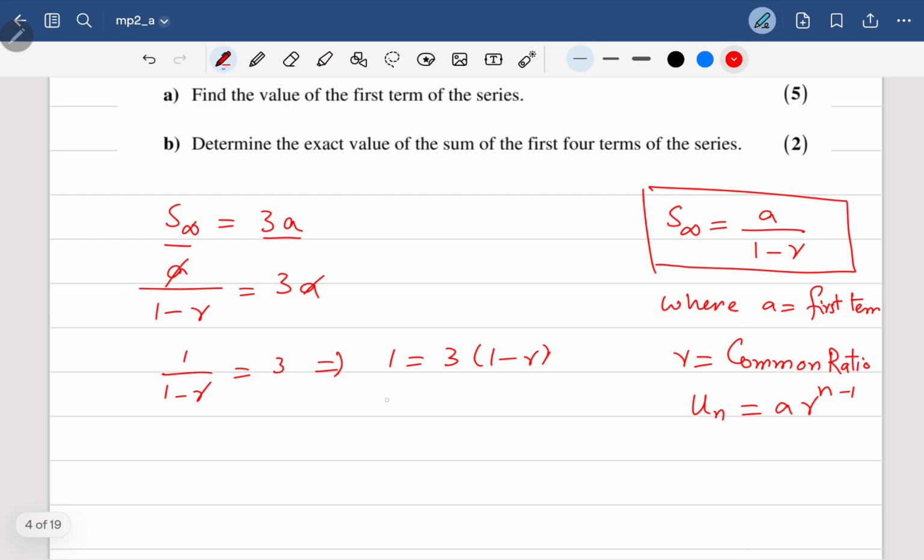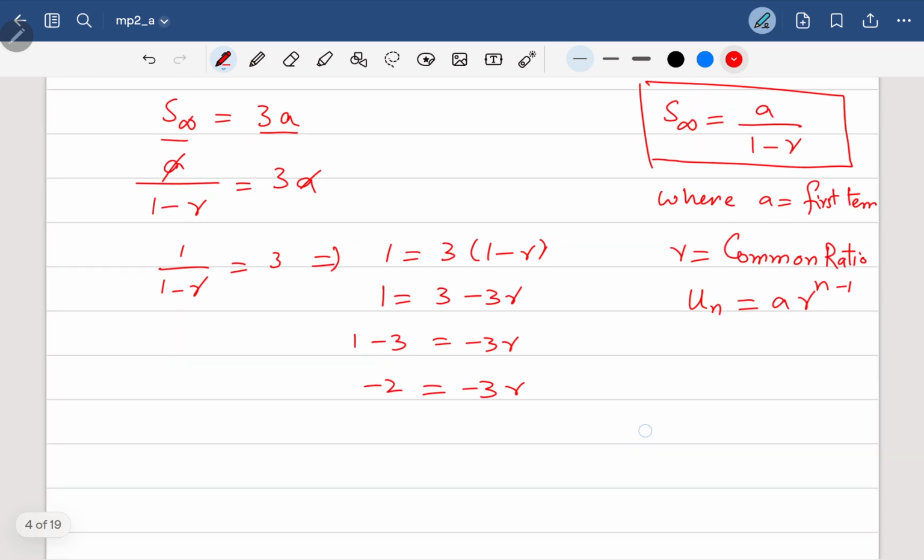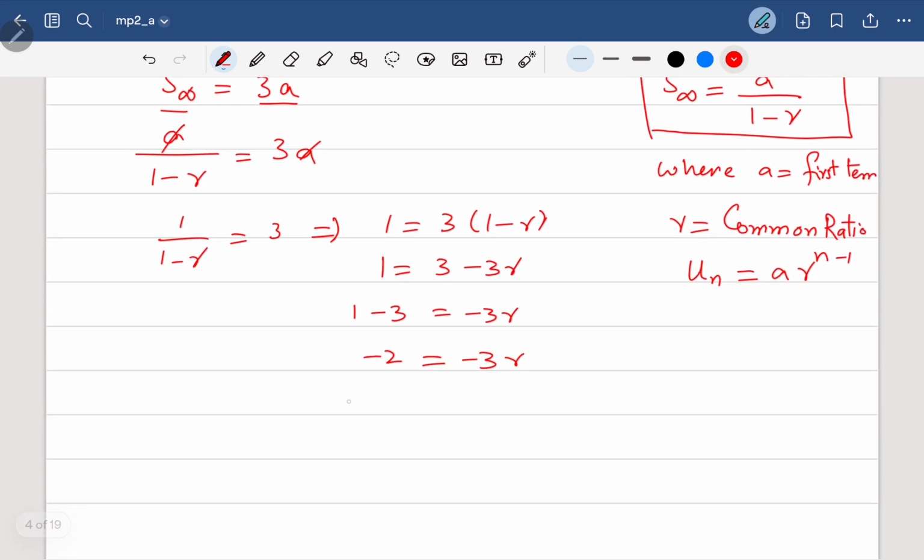Expanding, it will be 1 equals 3 minus 3r. So if you take 3 to the left, 1 minus 3 equals minus 3r, and 1 minus 3 is minus 2 equals minus 3r. If you divide by minus 3 on both sides, r will be 2 over 3. So this is the value of r.